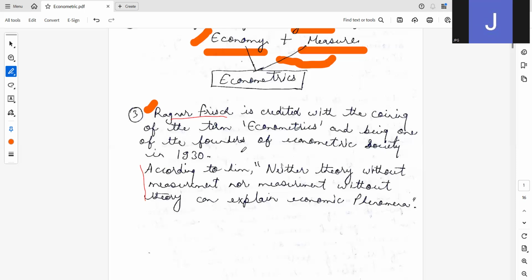Is it 1 liter, 2 liters, or 5 liters? When I give a number to my requirement of milk, that number is nothing else but a quantitative expression of what I require. Once you keep this in your mind, that fear will go away, and it will become easier for you to understand econometrics.